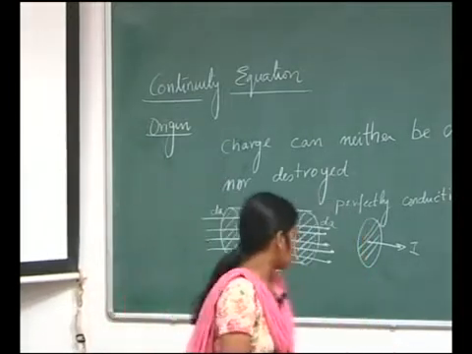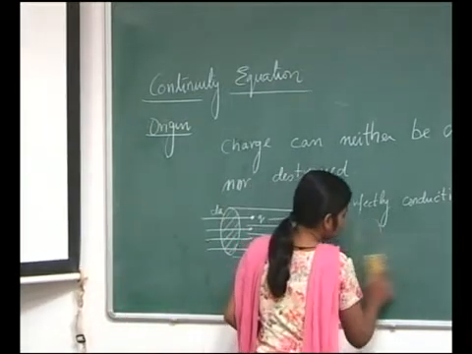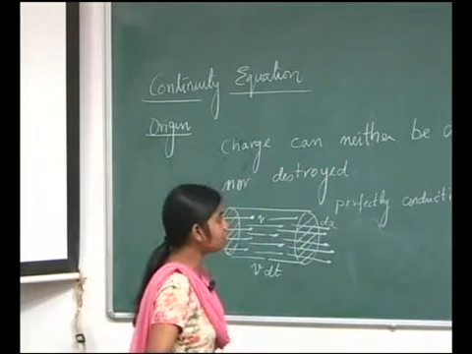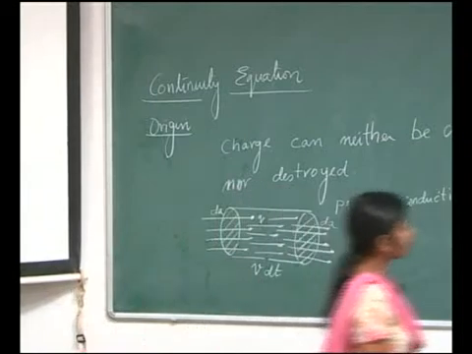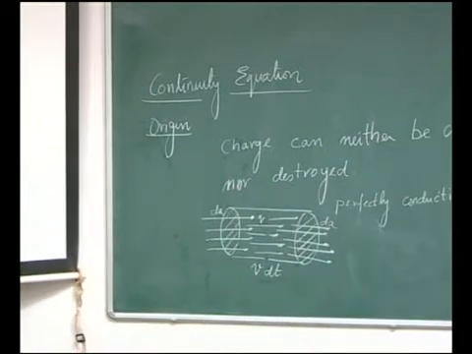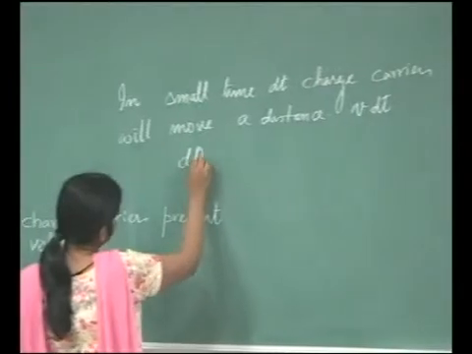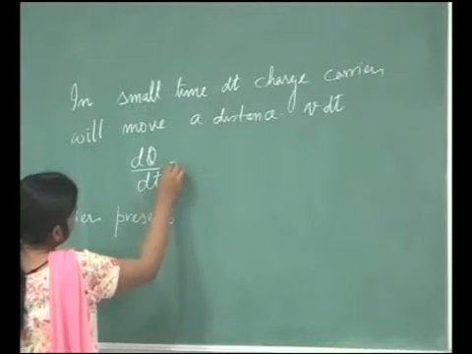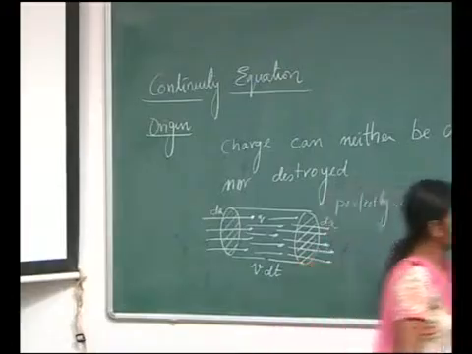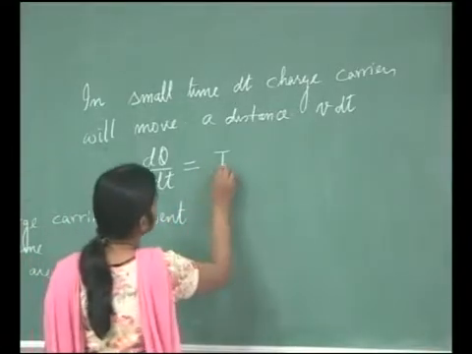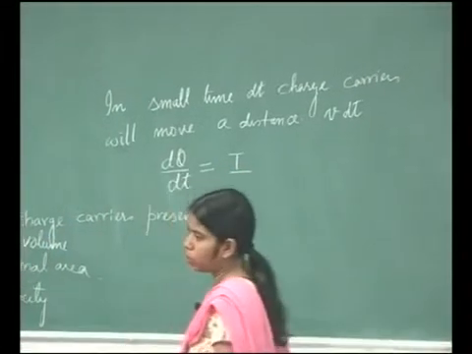So, in that case, what will be the total charge? I will say total current is dq by dt, and this is due to the total charge entering that volume.